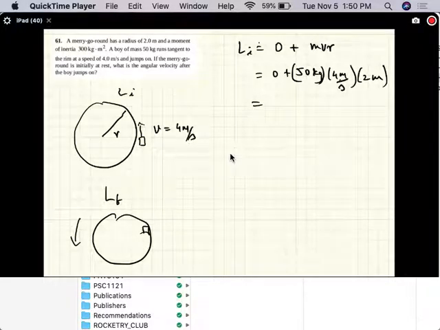So that's 400 kg meter square per second.